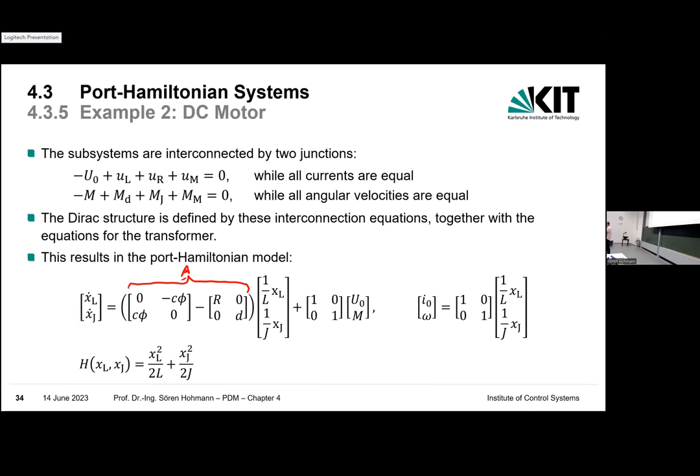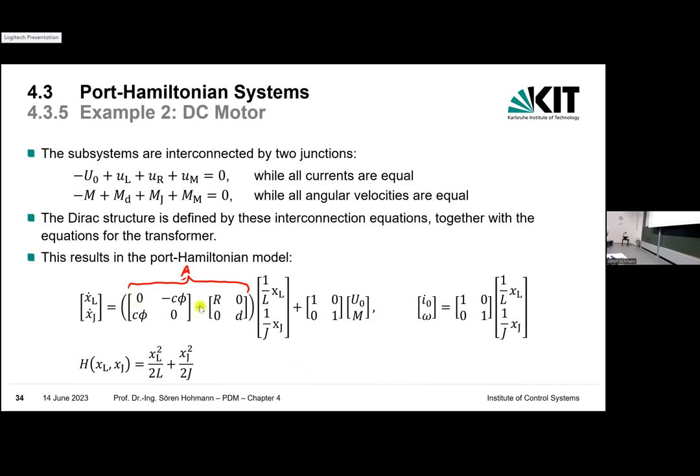The interesting fact is, when you do the calculations, you end up with these two matrices, which are given here. And it is very, very often possible to separate the matrices into two parts.